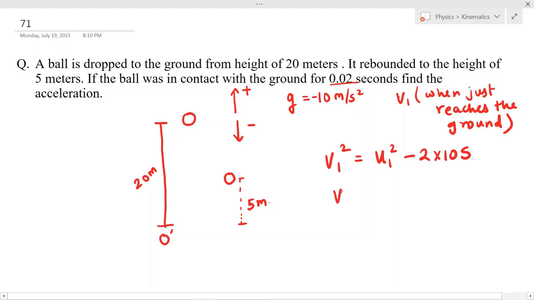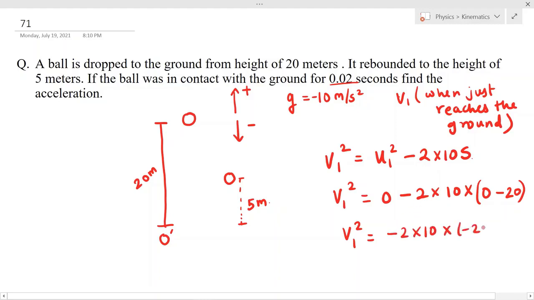U1 is 0 because it is simply dropped. Now what is the displacement? Displacement is final position minus initial position. Final position is the origin, and initial is 20, so it is 0 minus 20. So v1 squared becomes 0 minus 2 into 10 into minus 20.